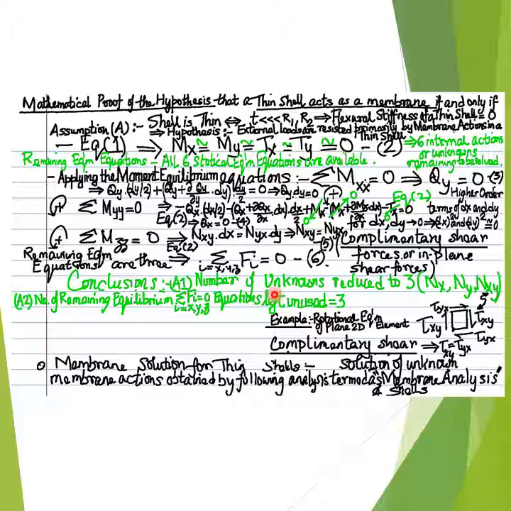And in order to solve for the remaining unknown internal actions numbering 3, that is the in-plane axial force Nx, the in-plane axial force Ny, and the in-plane shear force Nxy, we still have 3 remaining equations from the consideration of statical equilibrium, which are the 3 remaining force equilibrium equations: sigma fx equal to 0, sigma fy equal to 0, and sigma fz equal to 0.